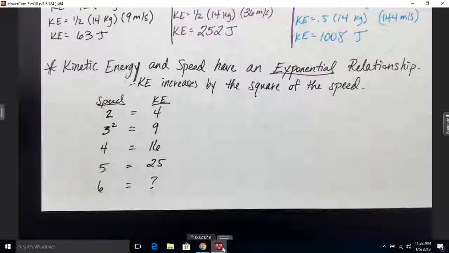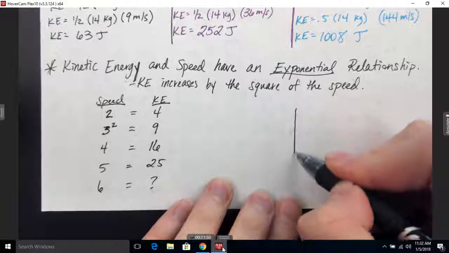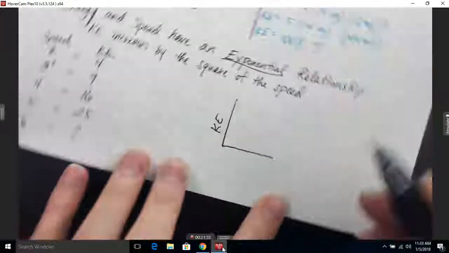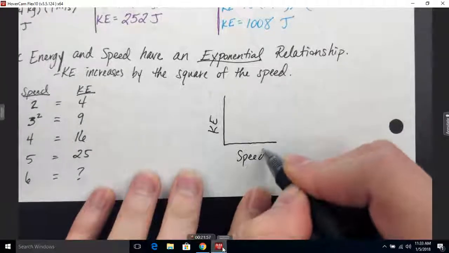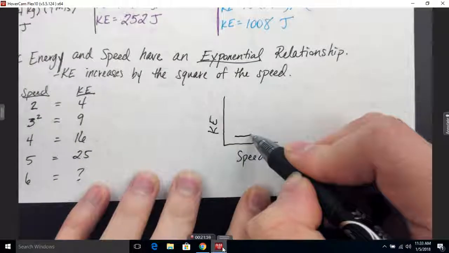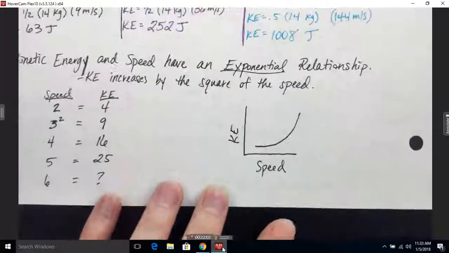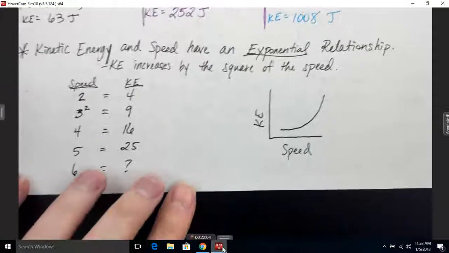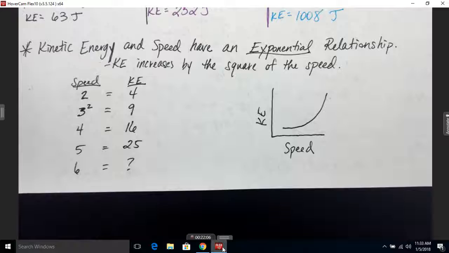So on your note page, put kinetic energy and speed and draw that curve. You speed around the curve, yeah. That's a good way to remember it.